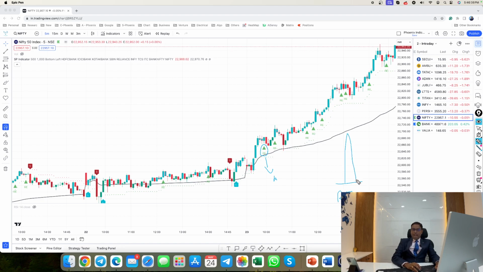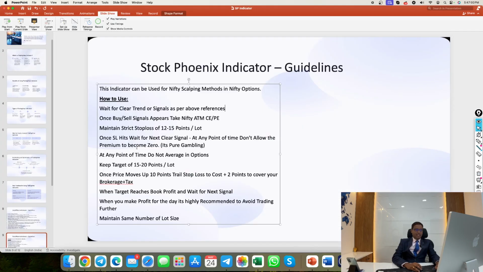When the candle comes back to break this low, it will disappear. But when the candle formation completes and it goes to the next candle, it will never disappear. That's why we say the current candle you can ignore. It's a 5 minutes time frame. When the signal gets confirmation, then you can enter on the second candle. That is one more point you have to keep in mind, because it's designed like that.